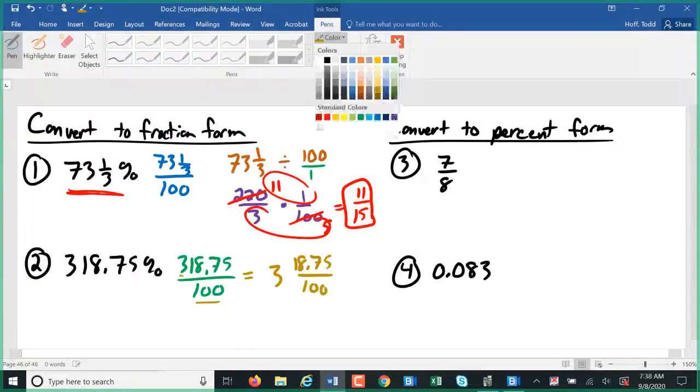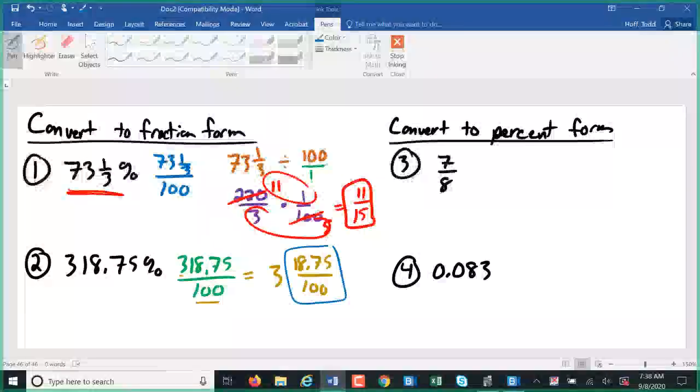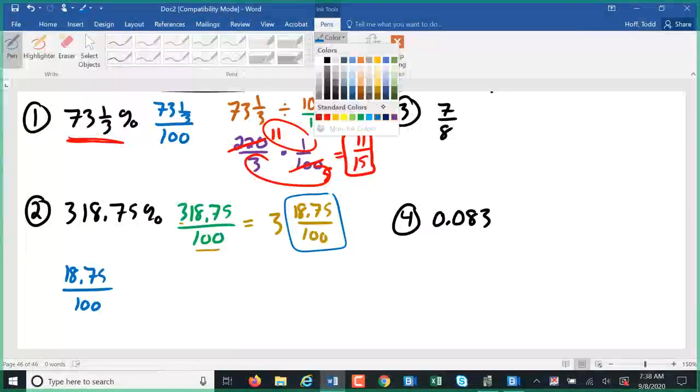So now I'm going to work with just that 18.75 over 100, and I'm going to get rid of the decimal there. Now, some of you may have noticed that 0.75 is 3/4, so you could have just multiplied by 4 to get rid of the decimal. If you don't notice that, the way that's always going to work is to just count the decimal places.